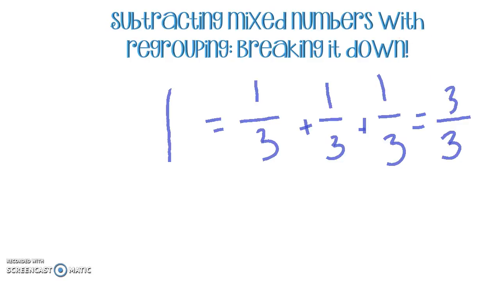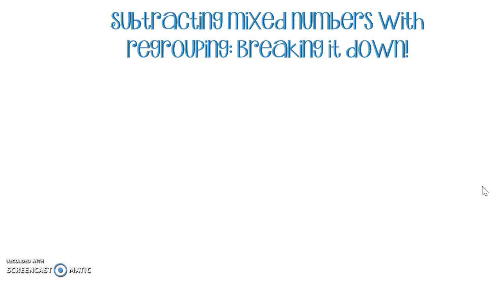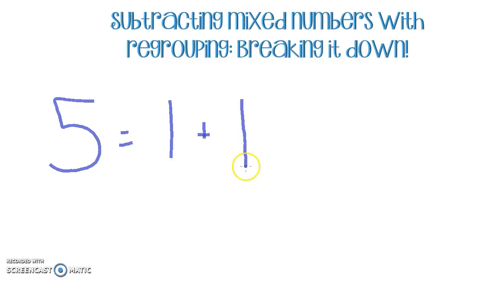Any number can actually be broken down into a fraction as long as it's broken into equal pieces. Let me give you another example. Let's say that we did the number 5. If we figure out how many 1s are in 5, we have 1 plus 1 plus 1 plus 1 plus 1.